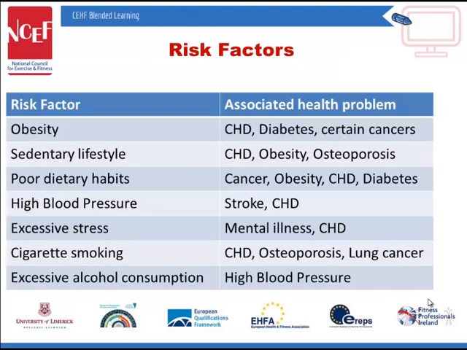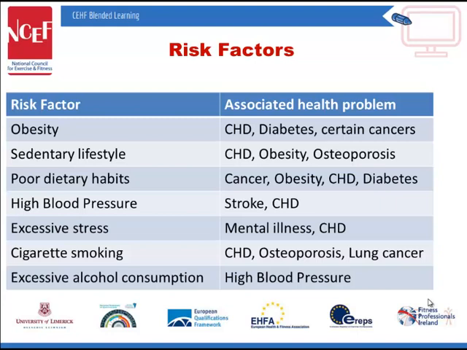On the left here, I have listed the risk factors with the associated hypokinetic disease on the right. So obesity is a risk factor for coronary heart disease, diabetes, and certain cancers. Having a sedentary lifestyle is a risk factor for the development of coronary heart disease also, as well as obesity and osteoporosis.